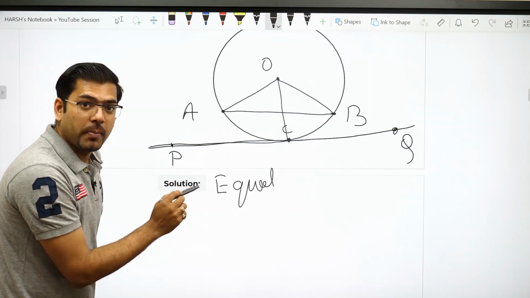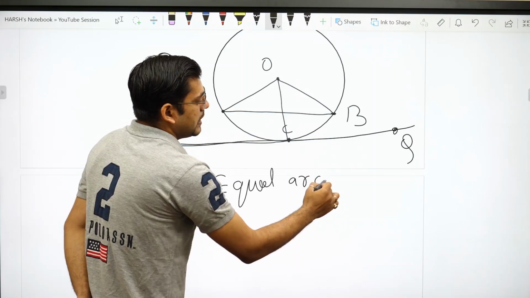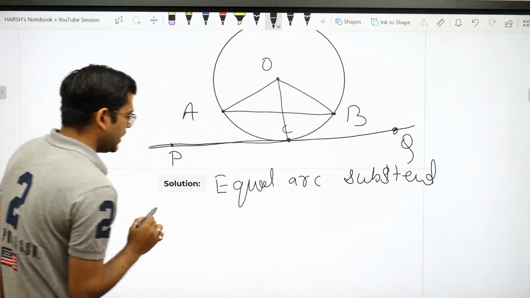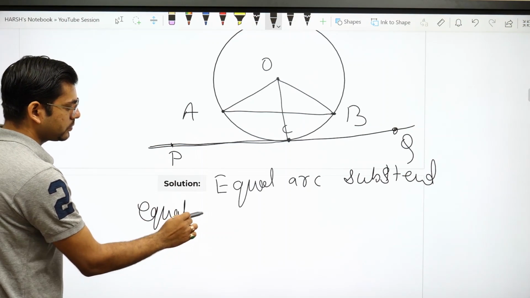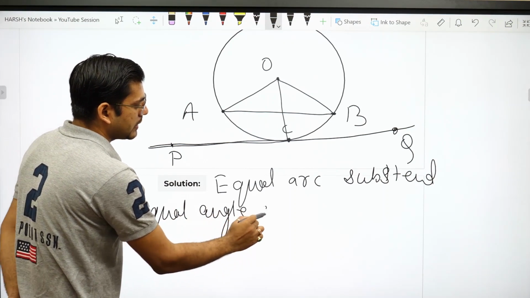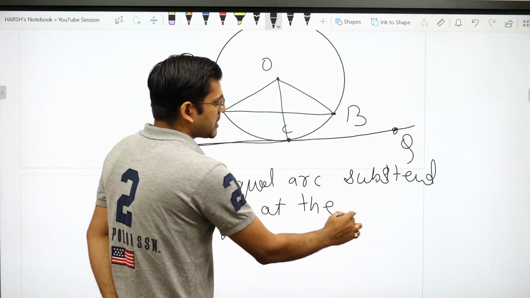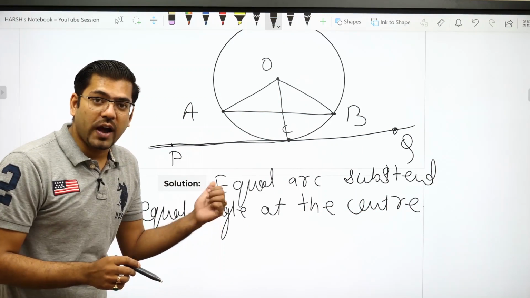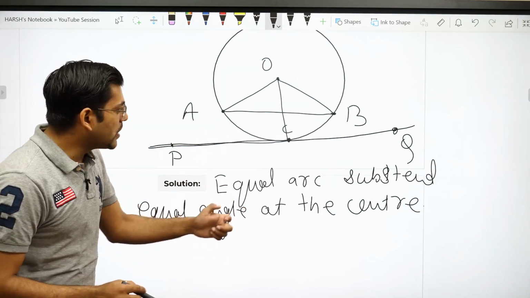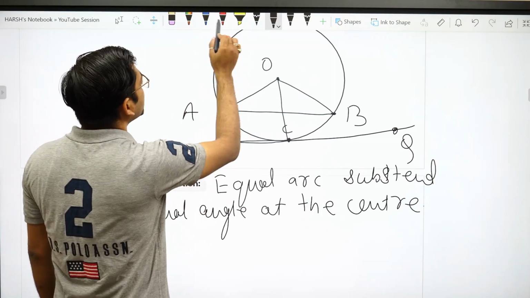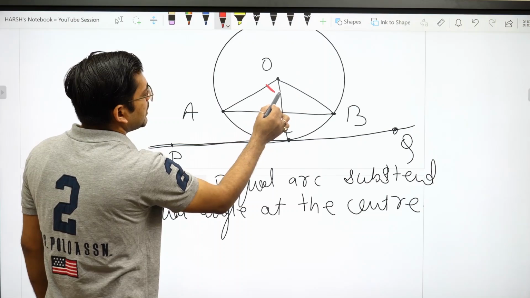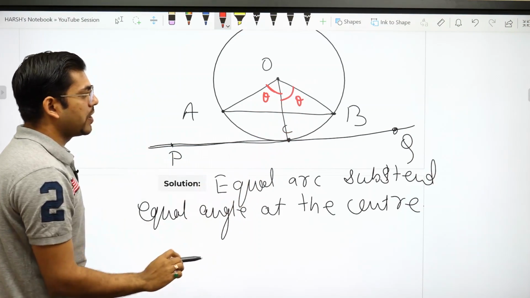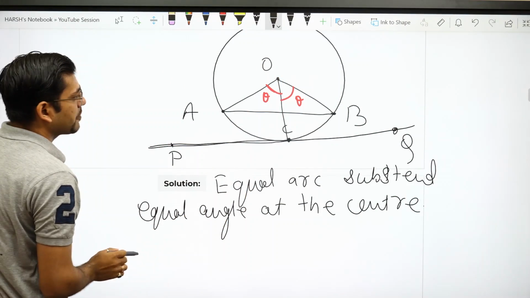It will get you marks. Now you all must be knowing this, but this is the line which you have to put there. This is the reason. So this angle, if I assume this theta, then this angle will also be theta. I have written this. Now the steps of proving.